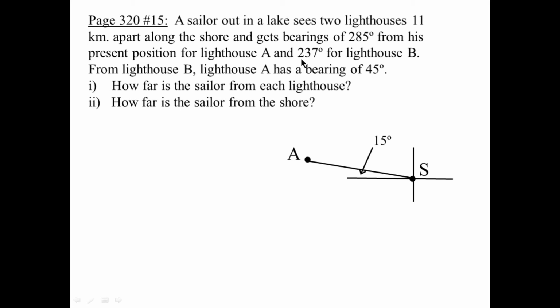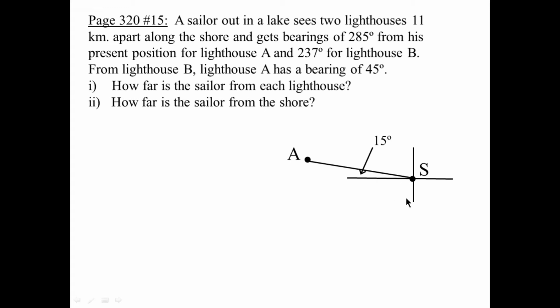And it's 237 degrees for lighthouse B. So from the sailor, we have to count 237 degrees to get to lighthouse B. So let's start counting. 90, 180, and now we have to go from 180 a bit further to get to 237. Now if we went to here, it would be 270, and that would be too much.